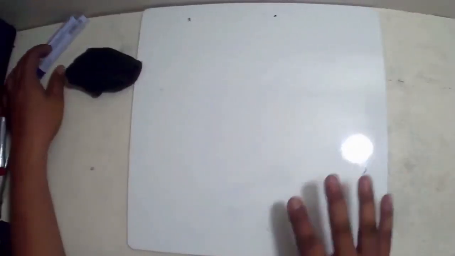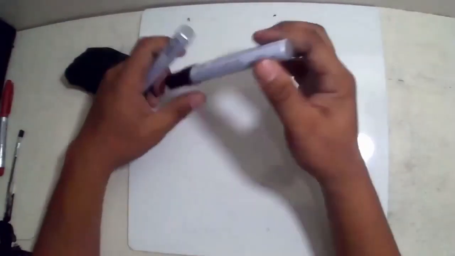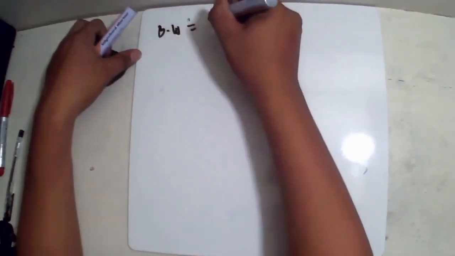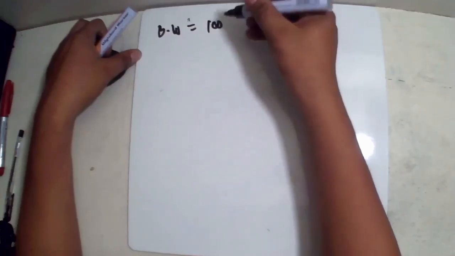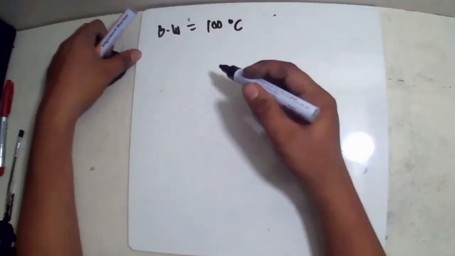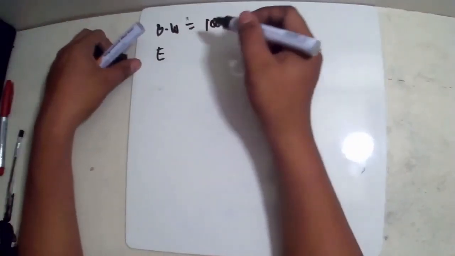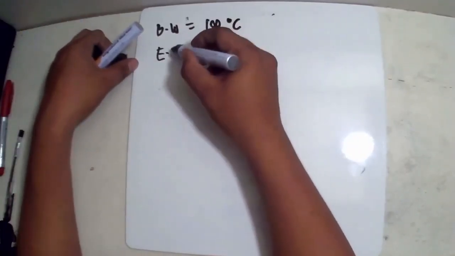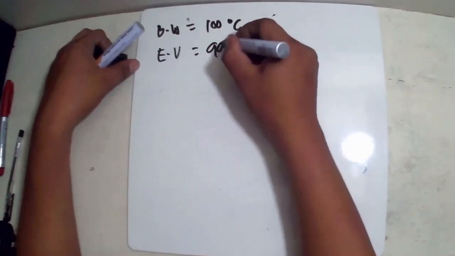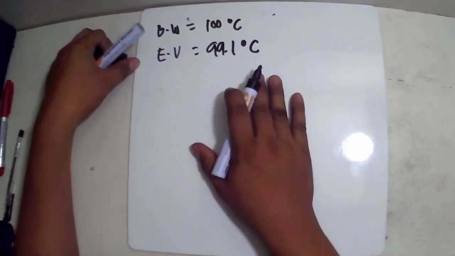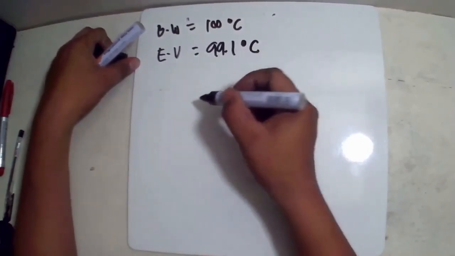For example, the accepted value of the boiling point of water is 100 degrees Celsius, and your computed or experimental value is, let us say, 99.1 degrees Celsius. For you to know the error of this measurement, you simply do this.